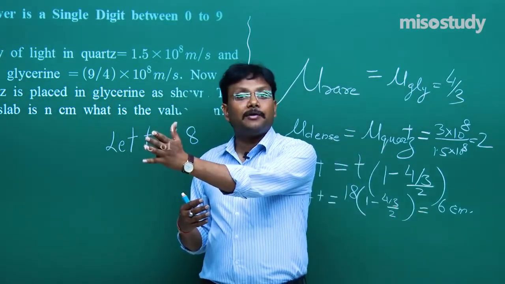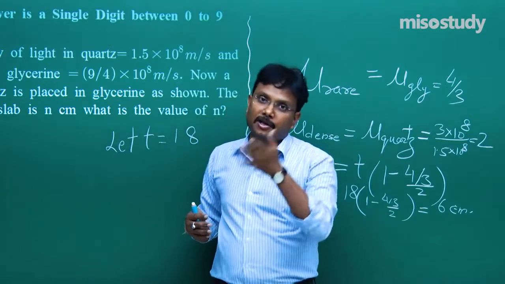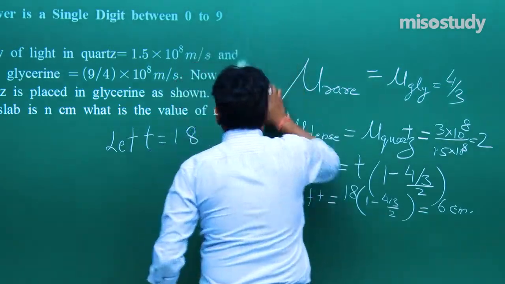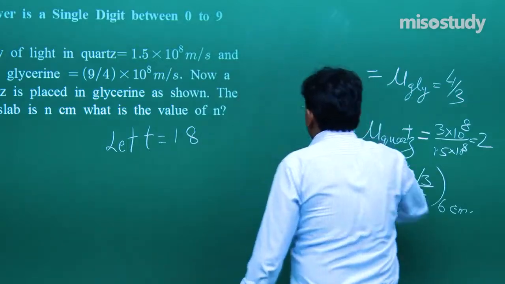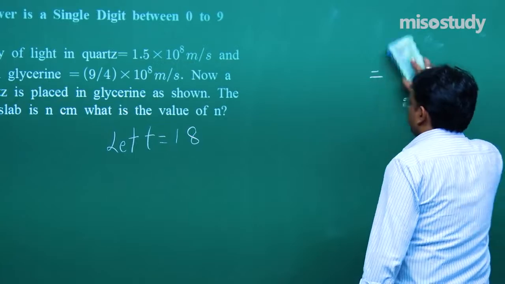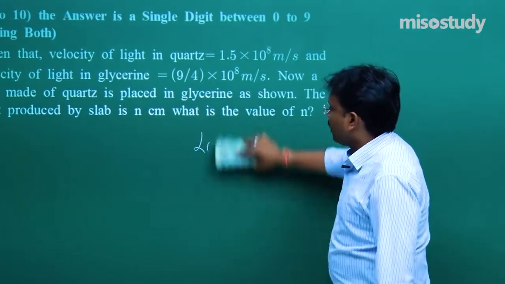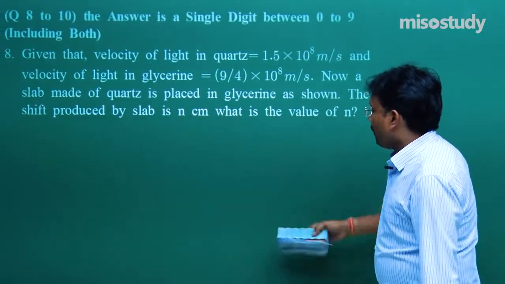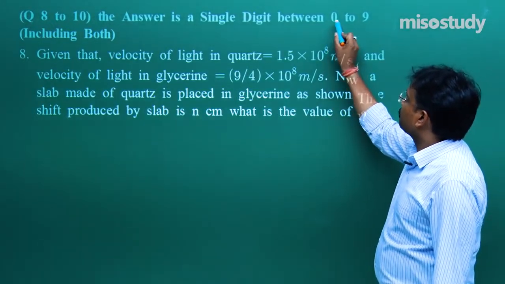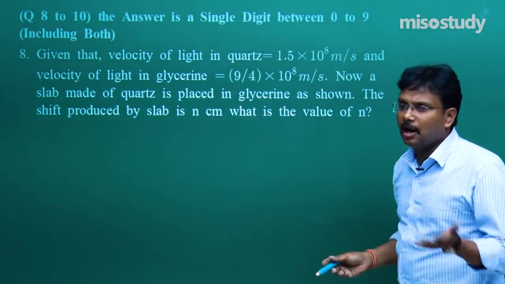More distance it will cover in the same time here, less distance there. So this question is based upon this particular aspect of optical path difference. By putting the value you can get the answer as 6. So 0 to 9, 6 is the answer, fine.